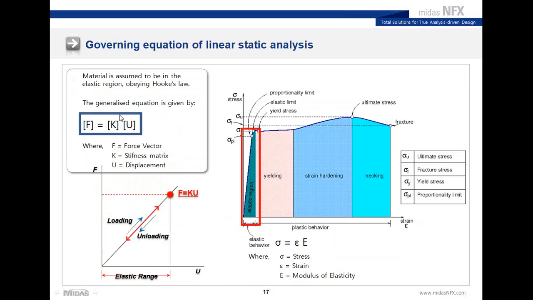And what you see on your left here is the governing equation of linear static analysis, which is F = Ku, where K is the stiffness matrix and u is the displacement.